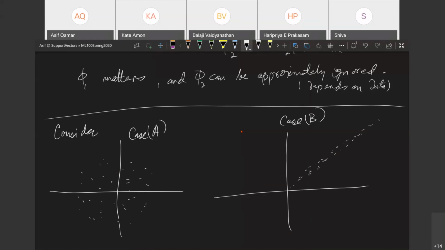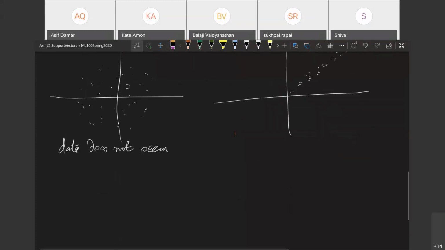No, right? So this data does not seem reducible to a lower dimension.